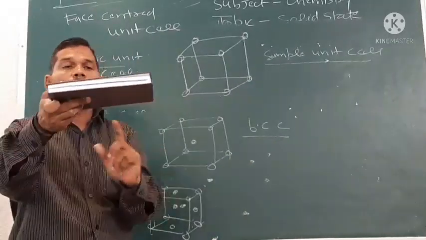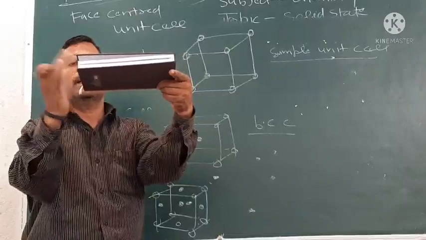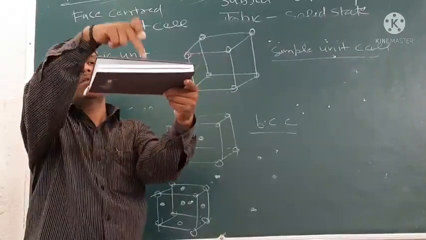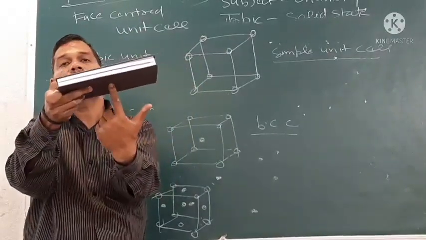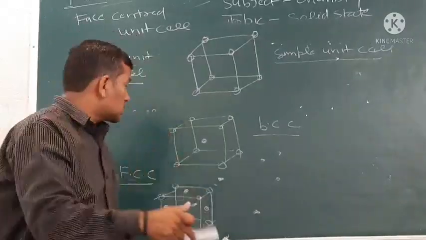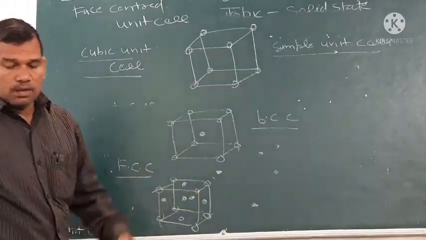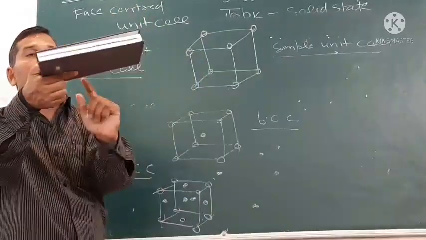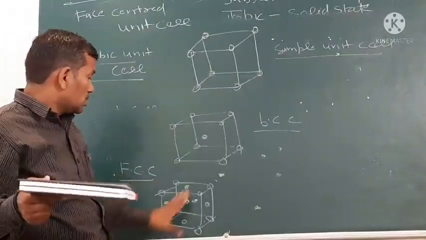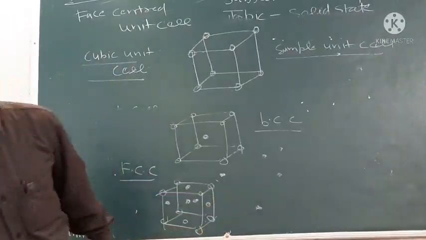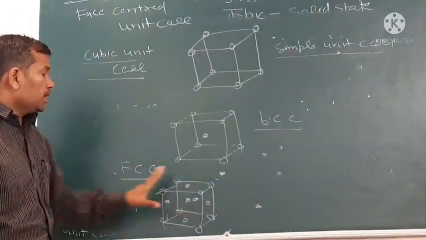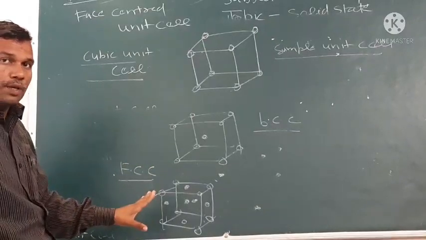Faces means one face, second, third, fourth, fifth, and sixth face. There are six faces in a face-centered cubic unit cell.